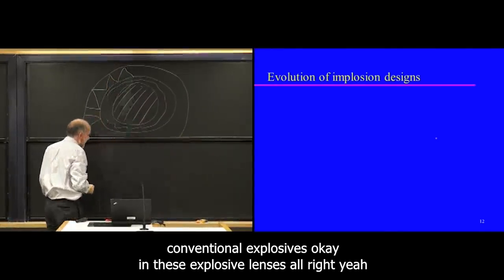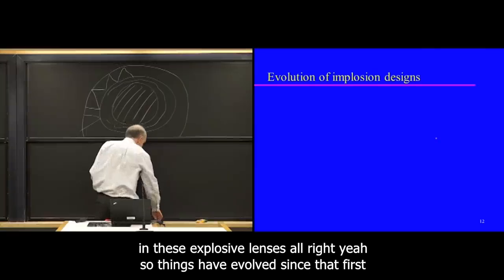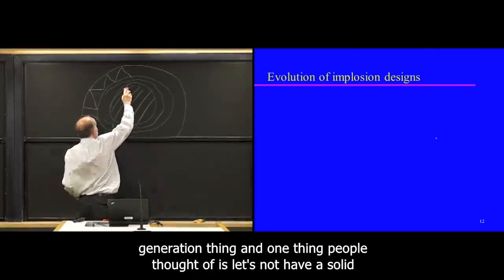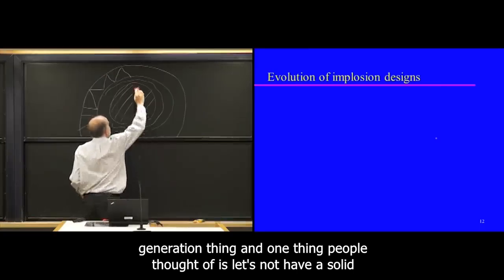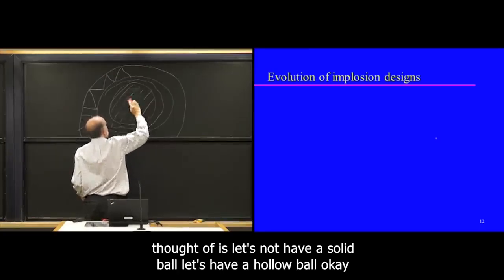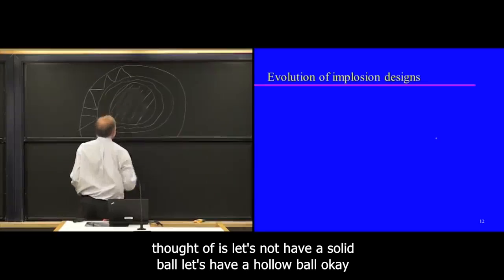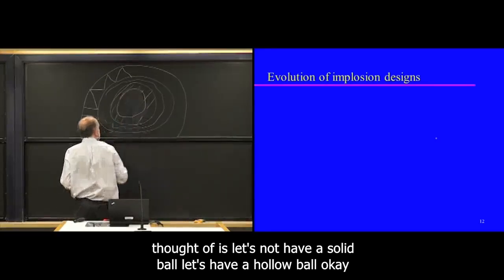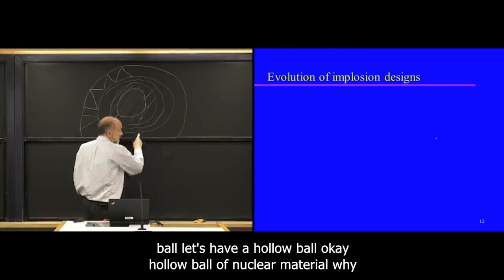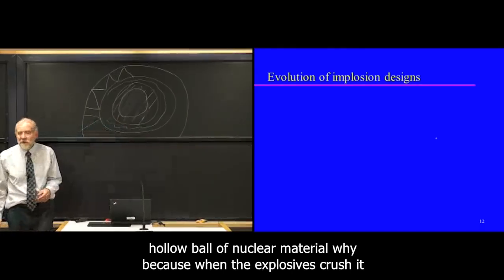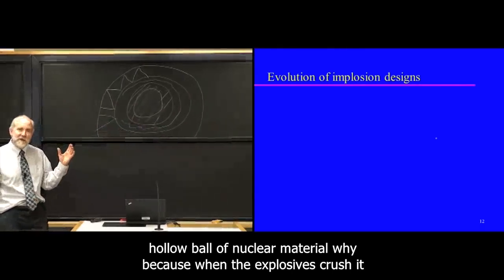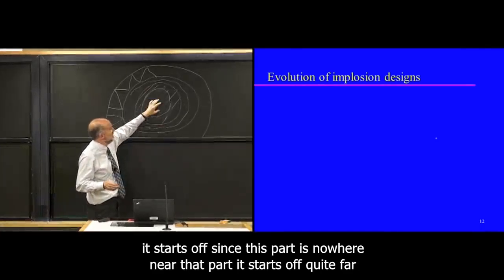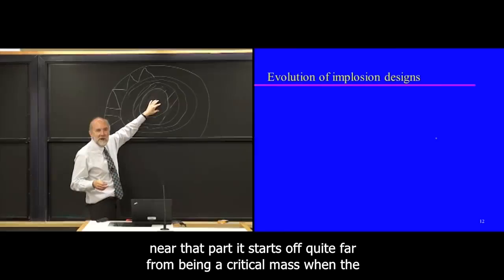All right. Now, things have evolved since that first generation thing. And one thing people thought of is, let's not have a solid ball. Let's have a hollow ball. A hollow ball of nuclear material. Why? Because when the explosives crush it, it starts off, since this part is nowhere near that part, quite far from being a critical mass.